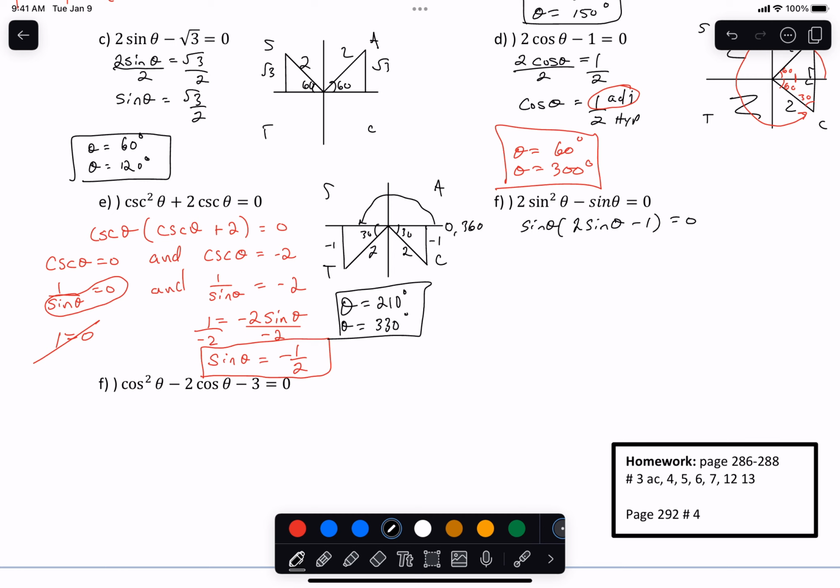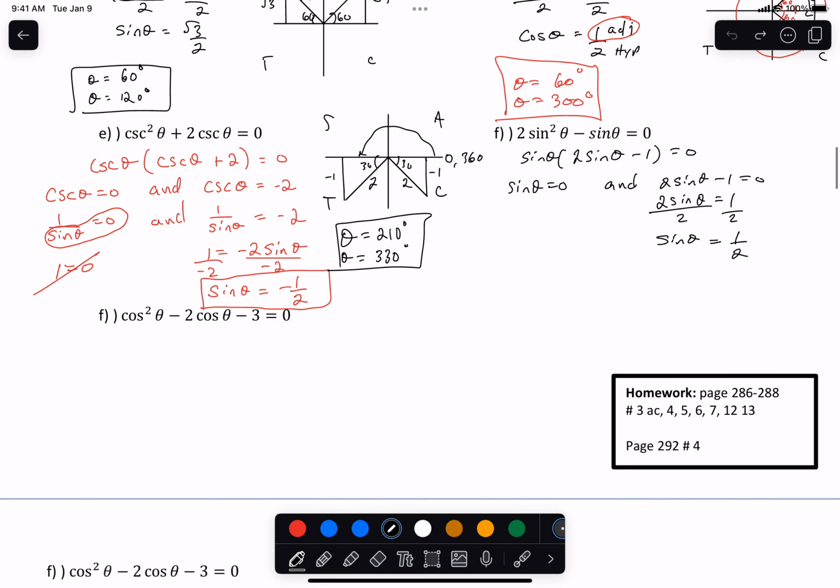So we're going to get sine theta has to equal 0, and 2 sine theta minus 1 has to equal 0. And so 2 sine theta has to equal 1. Divide both sides by 2. Sine theta is equal to 1/2.